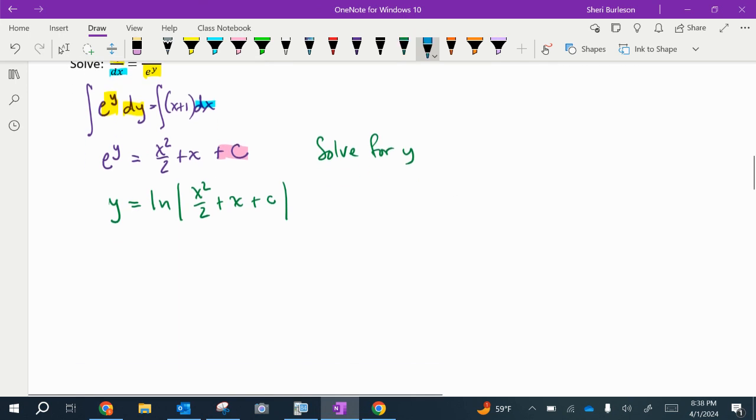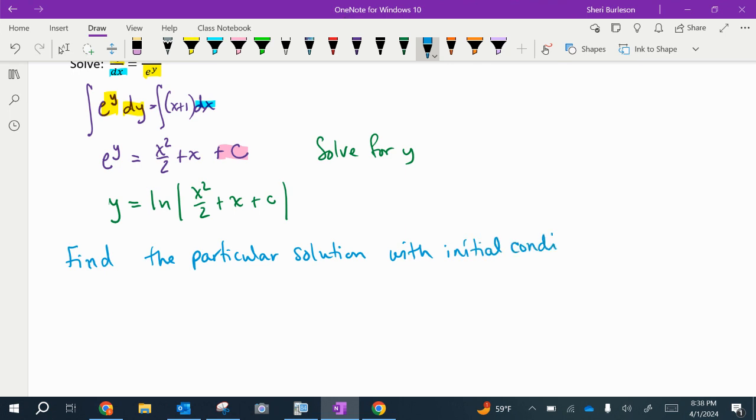Now, if you wanted to find a particular solution given an initial condition, I'm going to give you that now. So we want to find the particular solution with the initial condition of y of 0 equals 2.